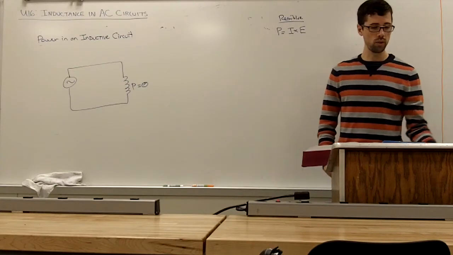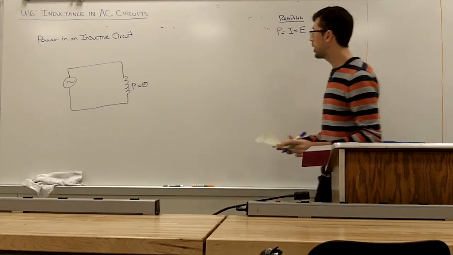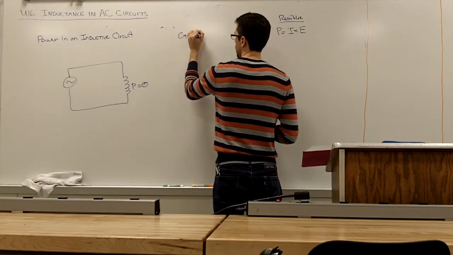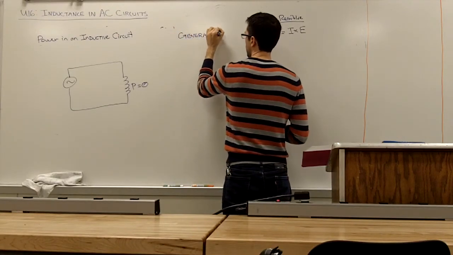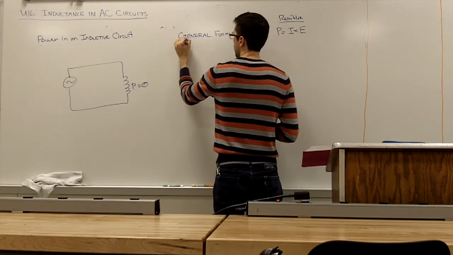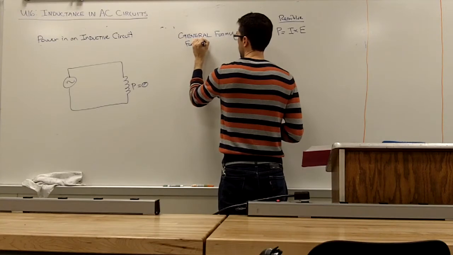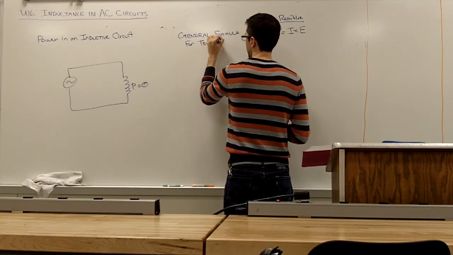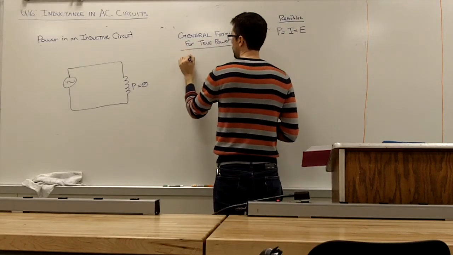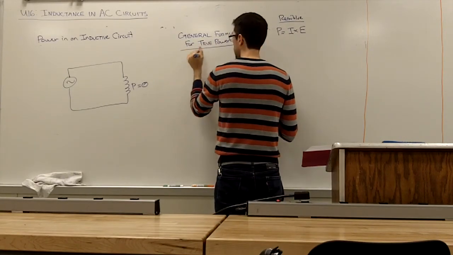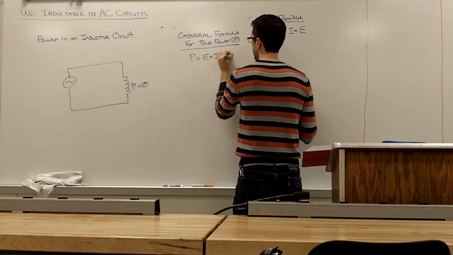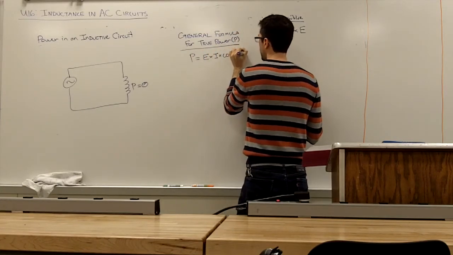And so that leads us to a general formula for finding true power. The true power P is equal to the voltage times your current times cosine of angle theta.